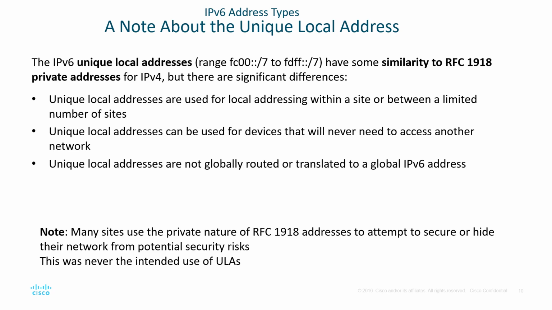So, an IPv6 unique local address is a range from FC00::/7 to FDFF::/7. So this is similar to the private addressing scheme of RFC 1918.